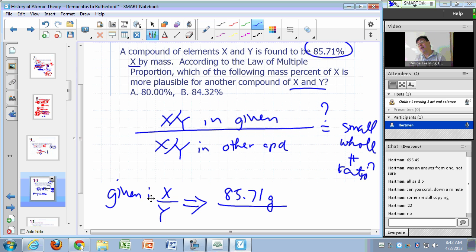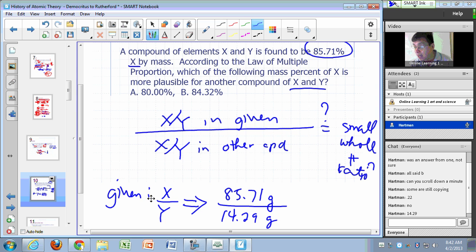Let's say a compound is 85.71% X. How much Y would I have in the compound? 14.29. Good. So the mass to mass ratio in the given compound is how much?